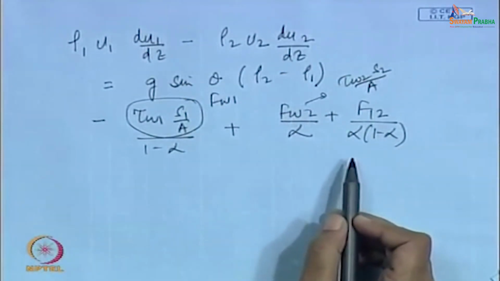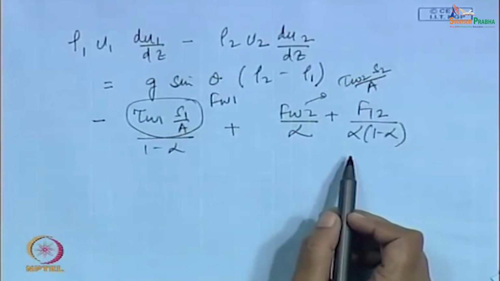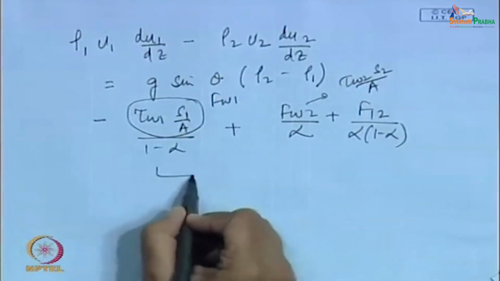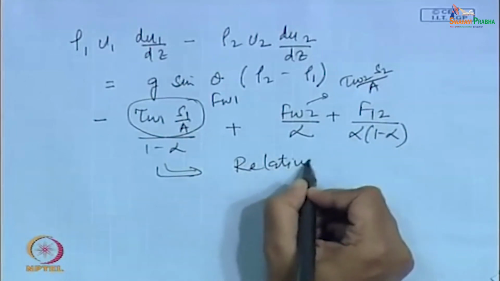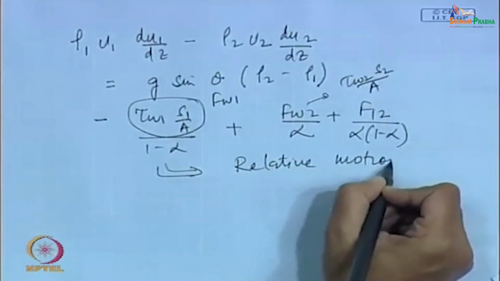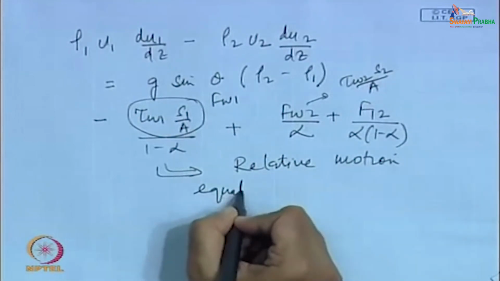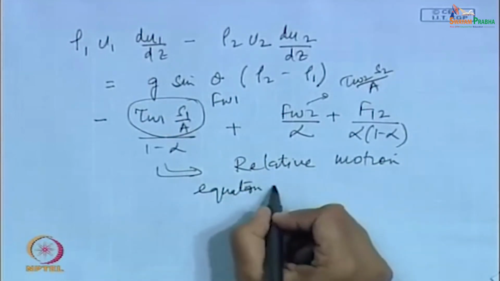Now, from this equation you find that it does not include the pressure gradient, and this can be considered as a relative motion equation. What does it do?